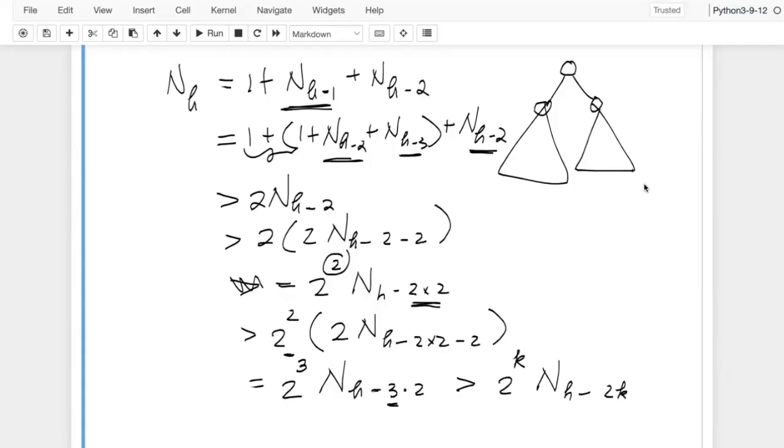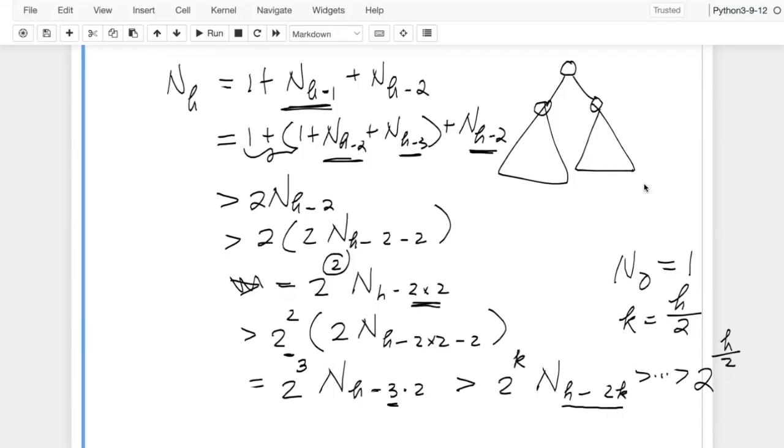When this is equal to 0, then we know n_0 is 1. At 0 height, there's only one node, so that's 1. So that means that when k is equal to h over 2, then n_0 is 1. Eventually you're going to get 2 to the h over 2.